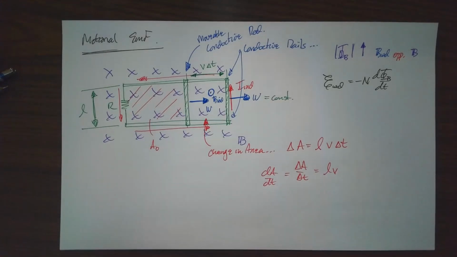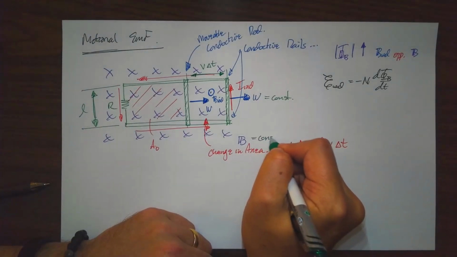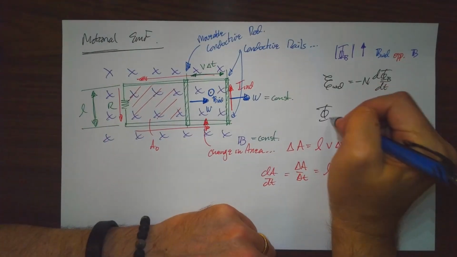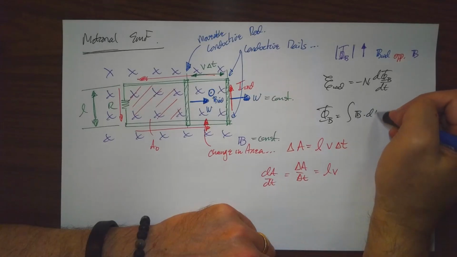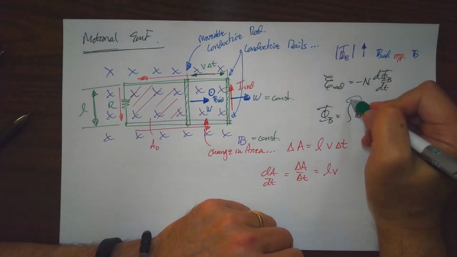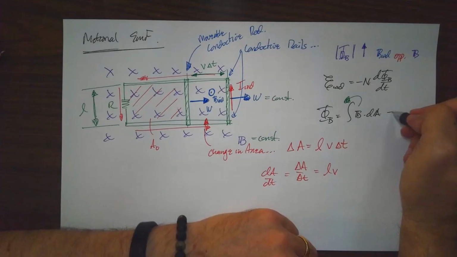Okay. And so what we'll find is that since B is constant in this example, then when we take a look at our magnetic flux, B dot dA, since B is constant, we can pull that out of the integral.